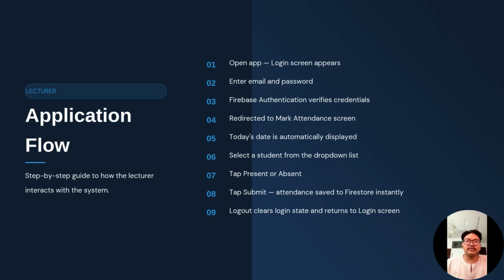The lecturer then selects a student from the drop-down list. After that, they mark the student as either present or absent. Then they tap submit, and the attendance is saved instantly to Firebase Firestore. Finally, when the lecturer logs out, the system clears the login state and returns to the login screen.